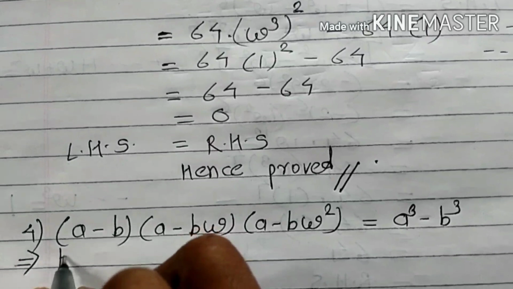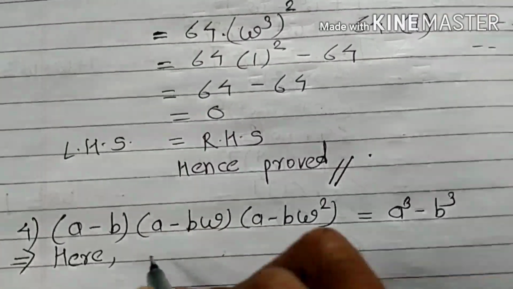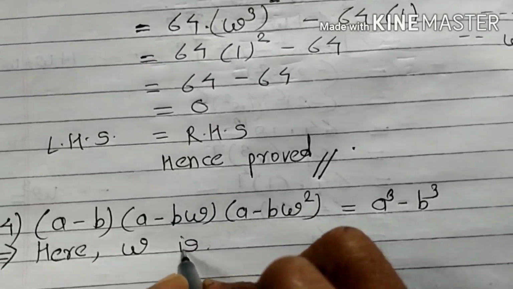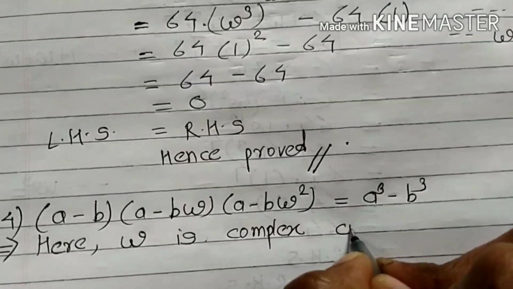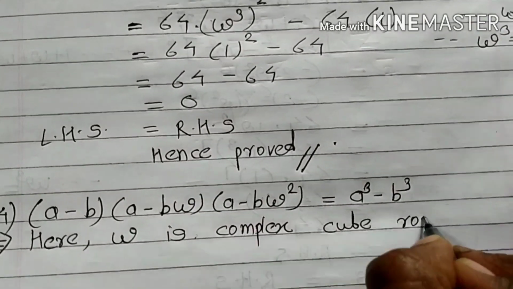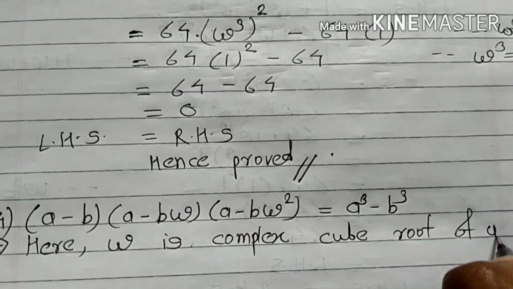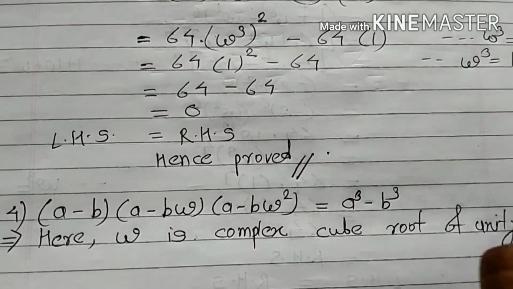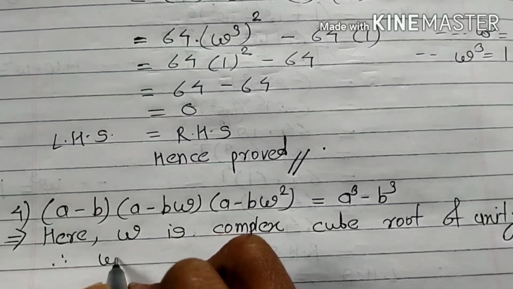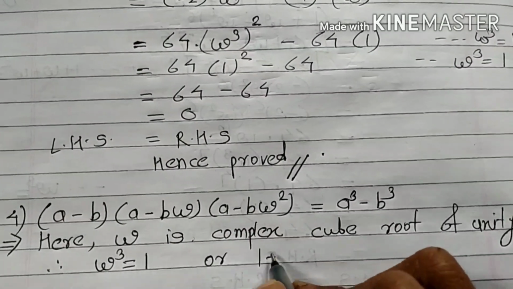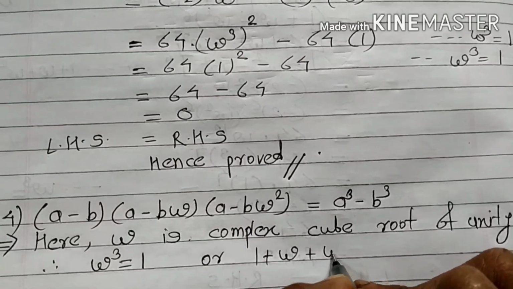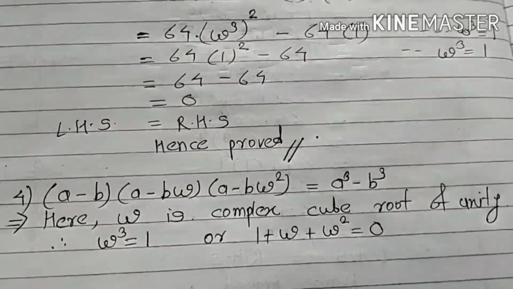So right here omega is a complex cube root of unity, therefore omega cube is equal to 1 and 1 plus omega plus omega square is equal to 0.